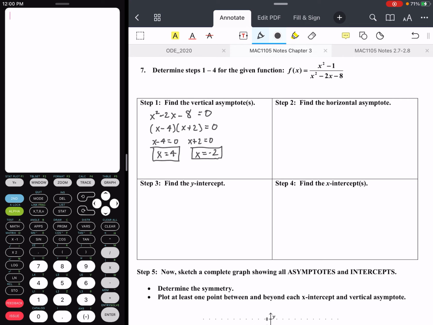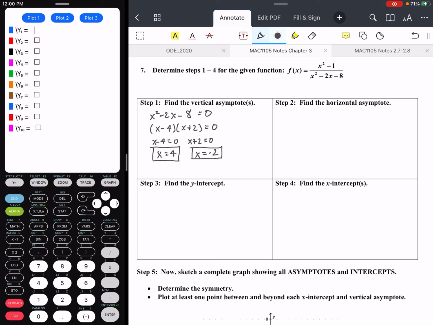And by the way, before I go ahead and sketch this, remember that issue of holes? I just want to double check and make sure that one of these isn't a hole. There are a couple of ways I could do that. One, if I take a look at my graph, y equals x squared minus 1 over x squared minus 2x minus 8.